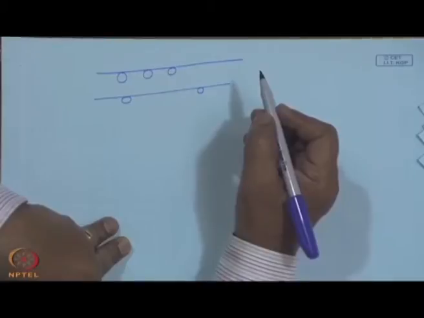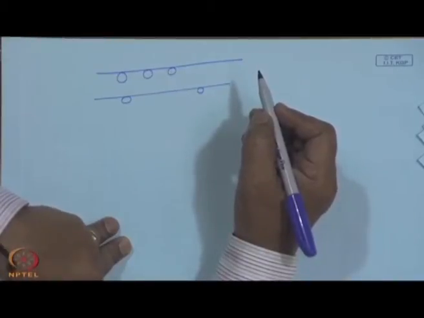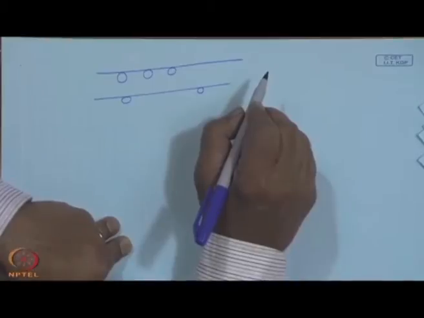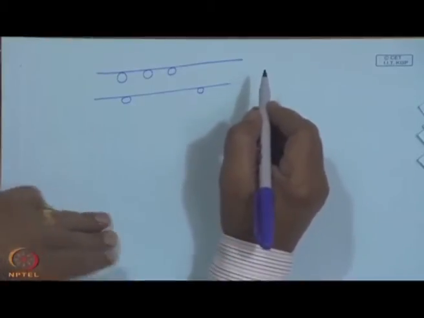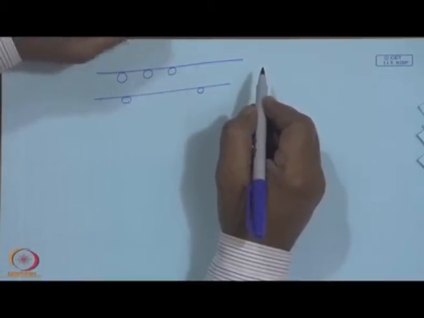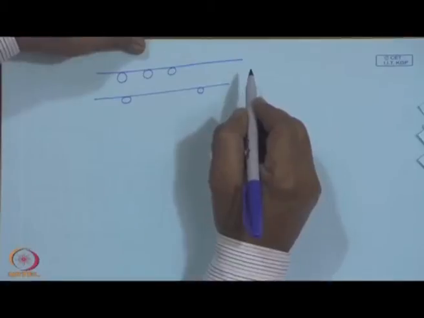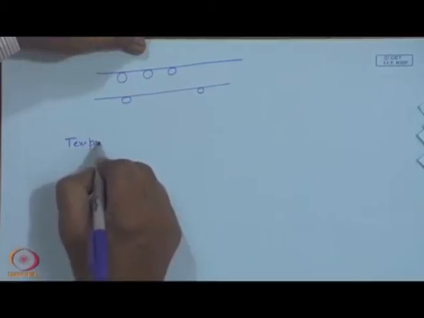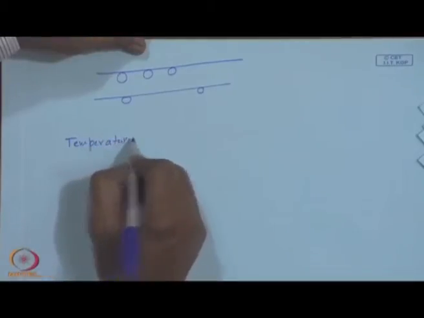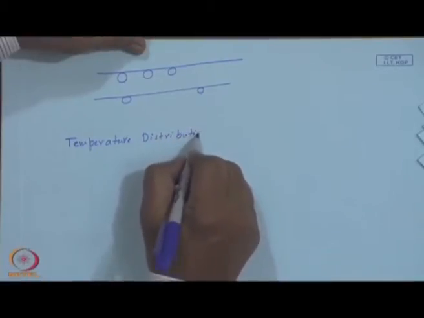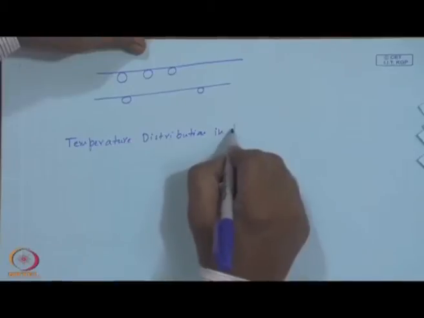And of course, the material comes into the picture, the thermal conductivity, and finally, the energy transfer to the fluid will take into account the heat transfer coefficient h_fi. So, at a particular y, fixed y, we know how the temperature varies on the plate in the solar collector. Now, we will go for temperature distribution in the flow direction.